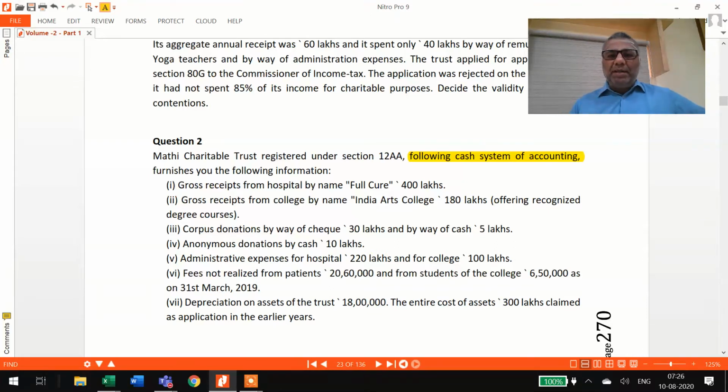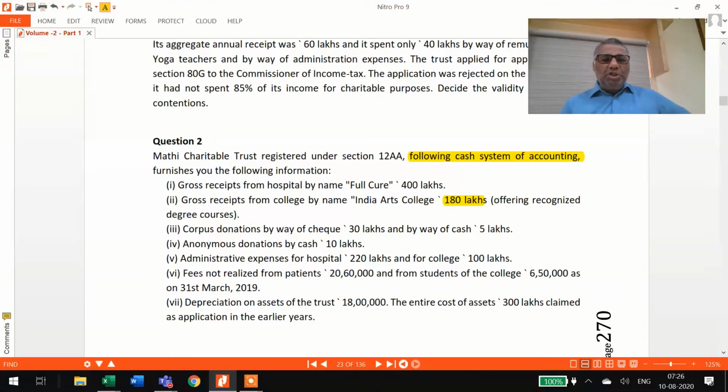Please remember, cash basis of accounting. Gross receipts 400. Gross receipts from college by name of Indian Arts College 180 lakhs, offering degree courses. So it is 180 lakhs, so taxable.